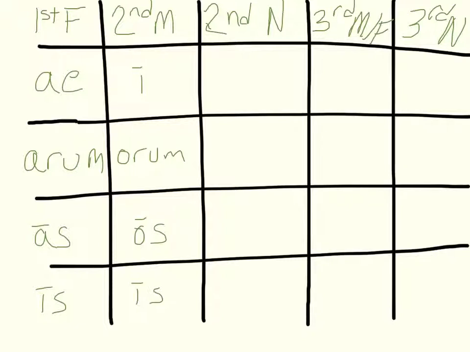And then we'll skip over to third masculine feminine. We had arbor. It's going to be arbores when it's nominative plural. Arborum when it's genitive plural. Arbores when it's accusative plural. And arboribus when it is ablative plural.